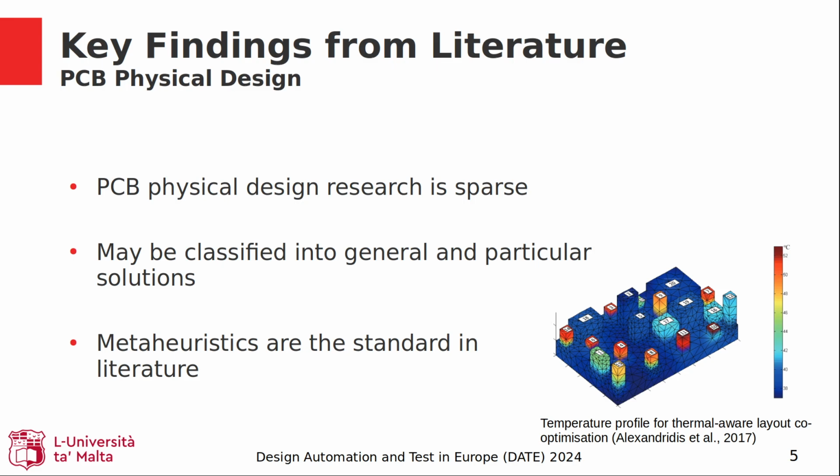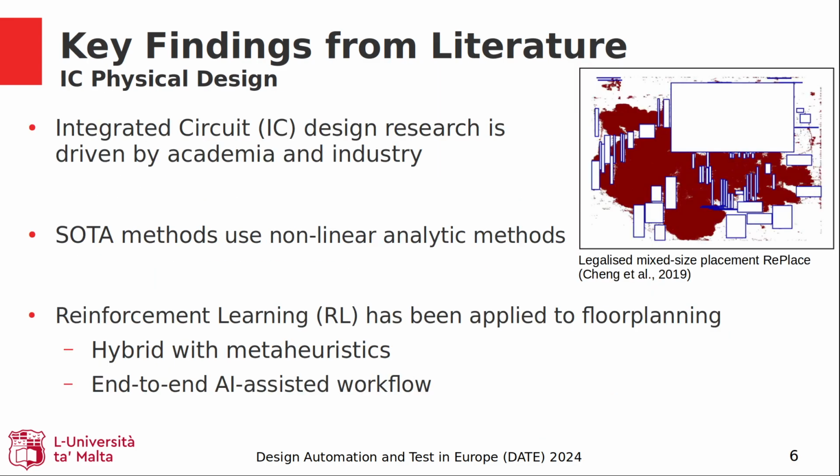Examples include optimizing placement to reduce thermal hotspots and minimizing energy losses due to parasitic elements in power delivery systems. Meta-heuristic optimization methods, such as genetic algorithm, swarm optimization, and simulated annealing, are very common in this regard, since circuits tend to be small and often in the region of hundreds to thousands of components.